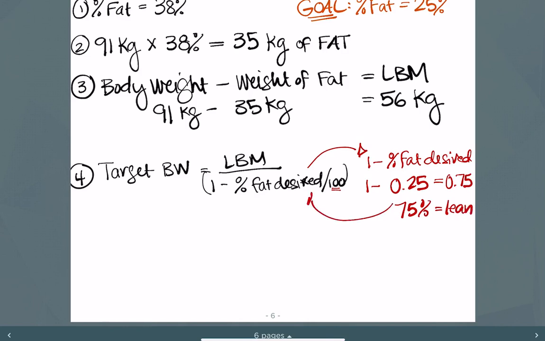That's where this 1 minus percent fat desired comes in, if that threw you off at all. Because what you're really looking at here is at the end of this, your target body weight. If you multiplied that by 75%, you would get your lean body mass.